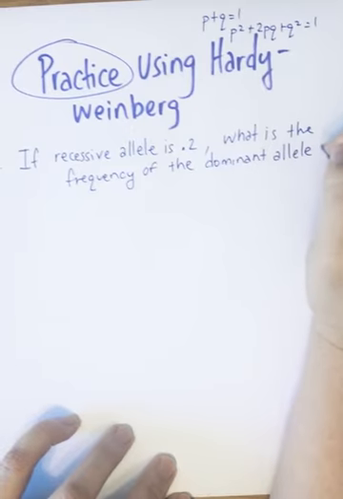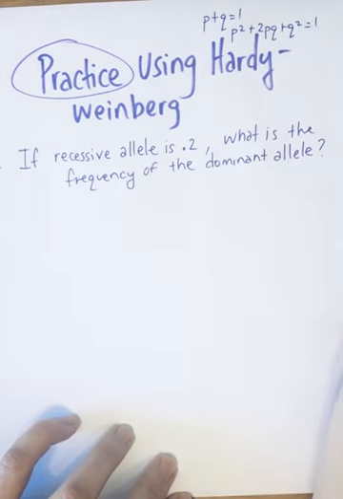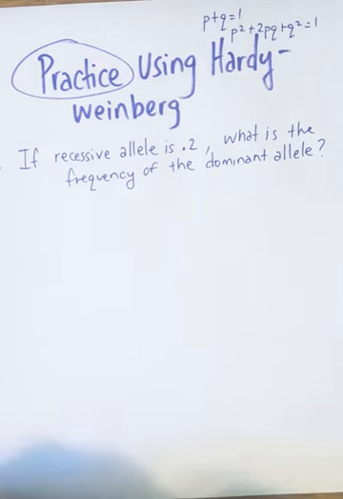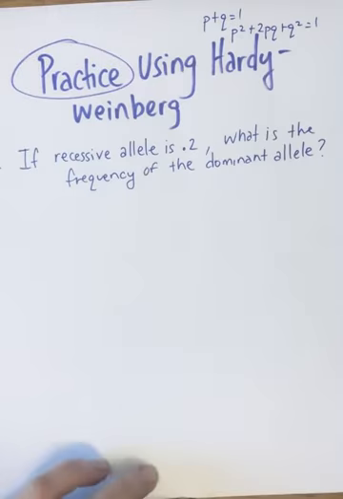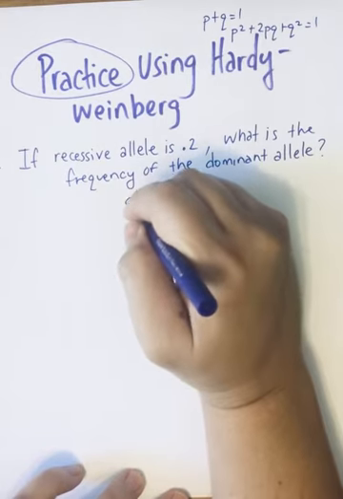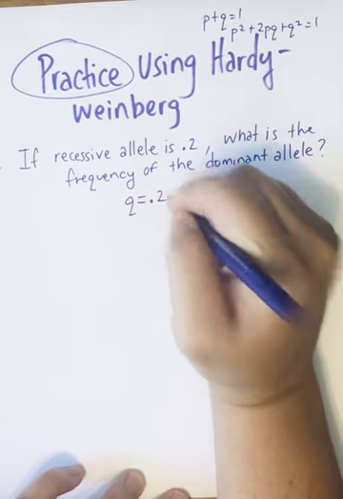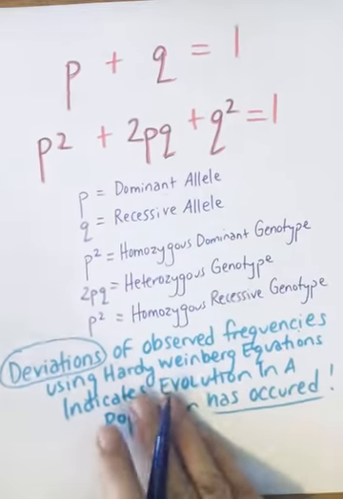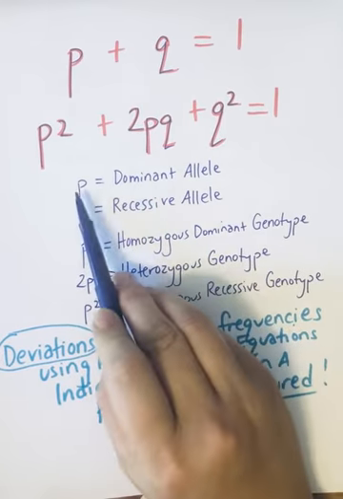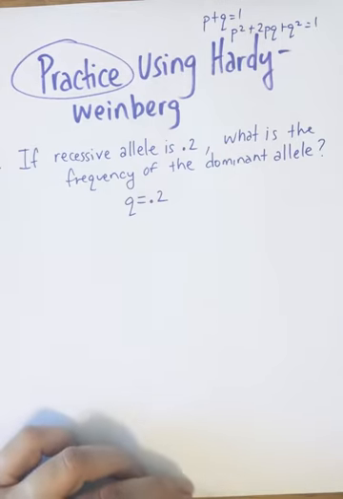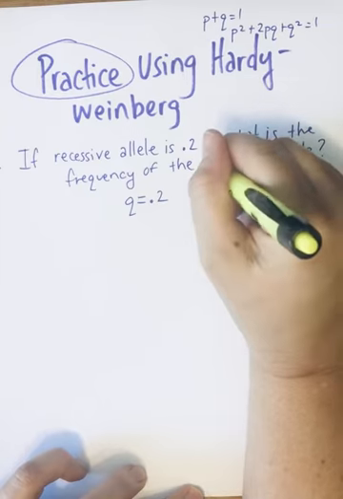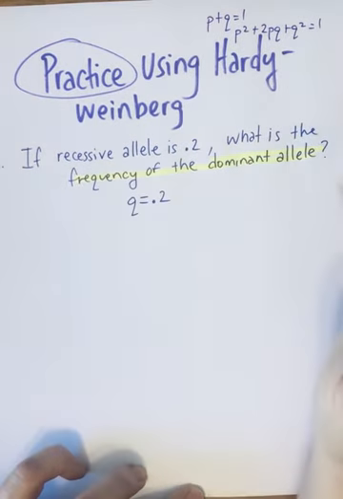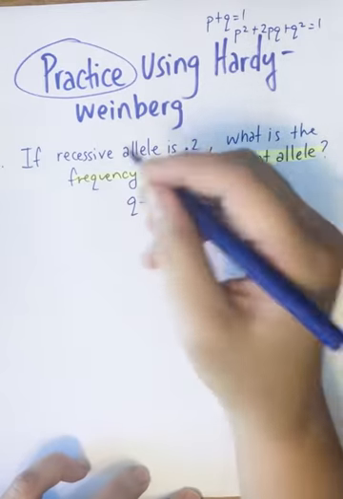So the first thing that you need to do is figure out what's given and then what's being asked. Using our chart, the recessive allele is Q. That's what's given to you. So Q is equal to 0.2. Now, the question is asking what is the frequency of the dominant allele, so I want to know P. That's how you have to read these questions.